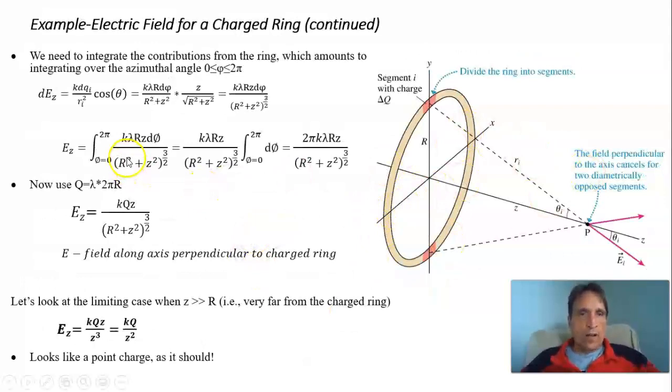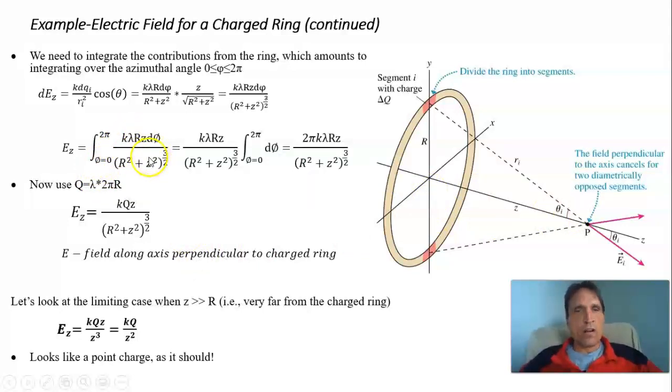So we plug all this in, and since we're integrating, or summing up, the contributions from phi is 0 along the x-axis, here's 90 degrees, here's 180, 270, 360, or 2 pi. Since we're integrating over phi, and none of these other variables depend on phi, right? k is a constant, lambda is a constant, R is a constant, z is a constant.